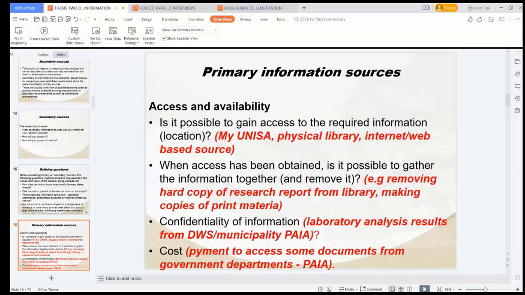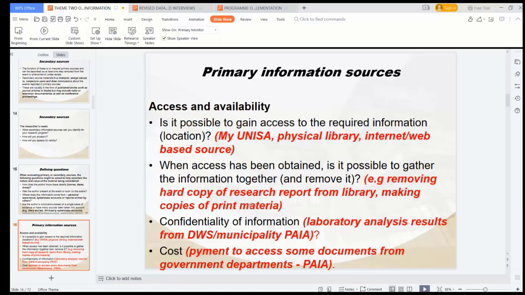And confidentiality of information. Some information is confidential and it's not open for access by everybody. I used to work for the Department of Water and Sanitation, and we used to collect water quality samples, and those are not accessible by everybody. They can only be accessed if somebody writes to us, and we request them to apply.